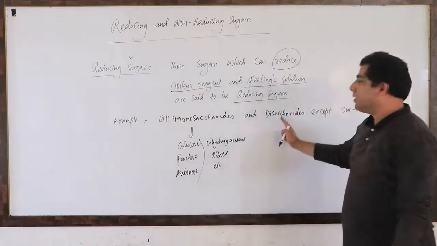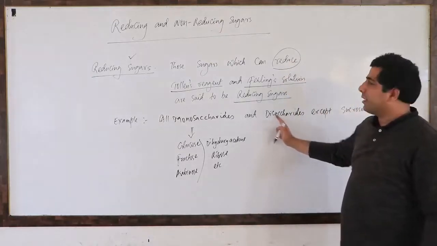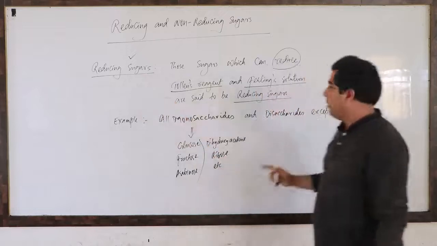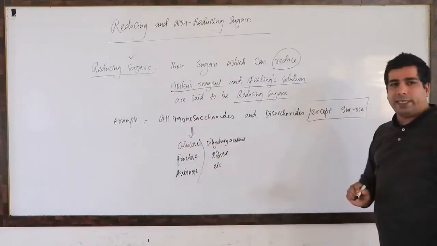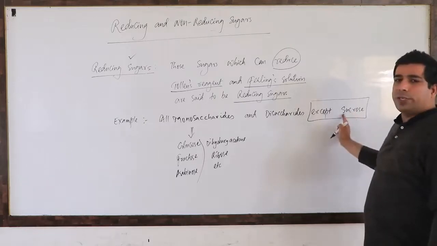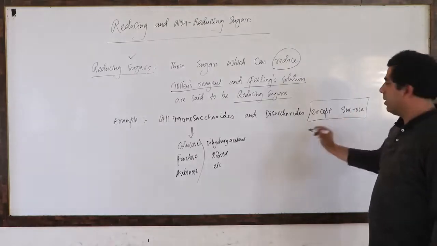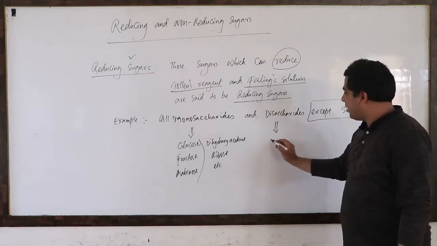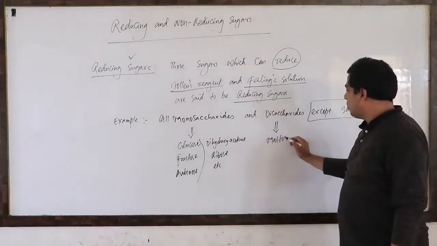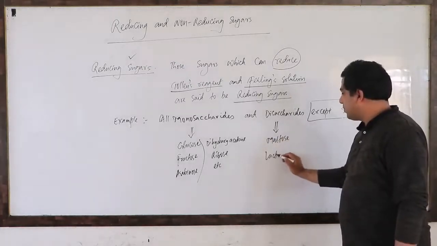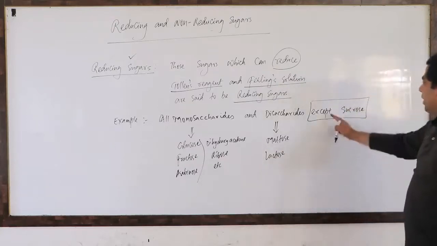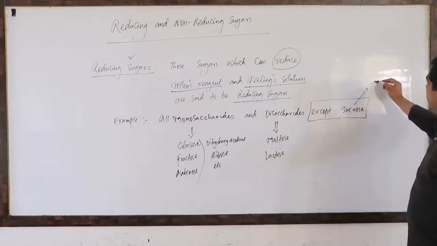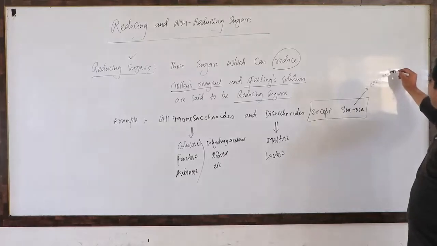Second thing, disaccharides can also act as reducing sugars, but except sucrose. Sucrose is a disaccharide, but it is not a reducing sugar, it's non-reducing. Among disaccharides, maltose and lactose will be reducing sugars, and sucrose is a non-reducing sugar.